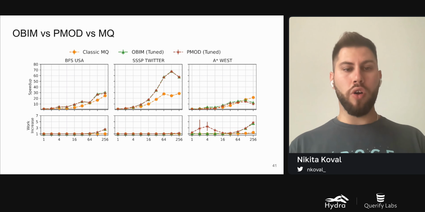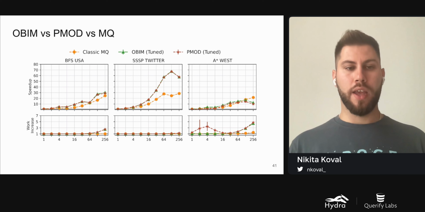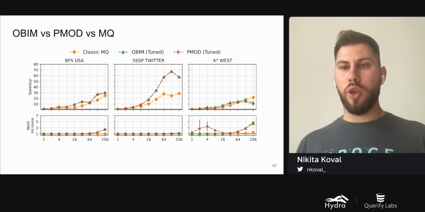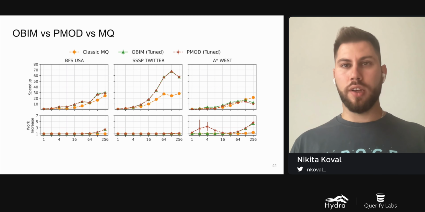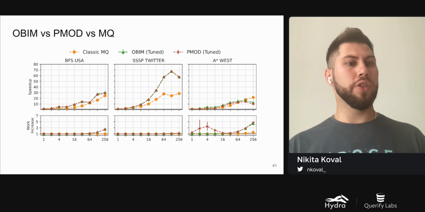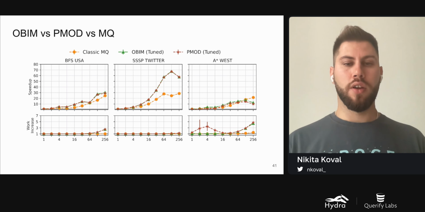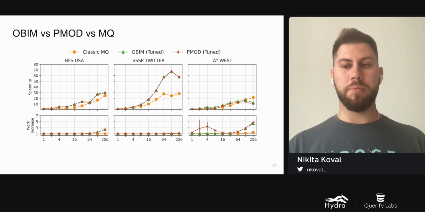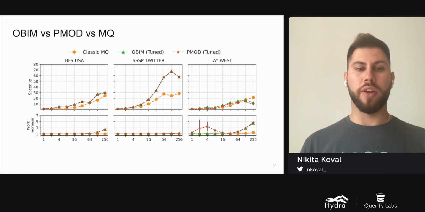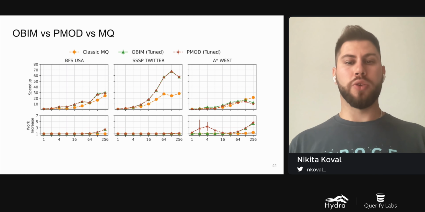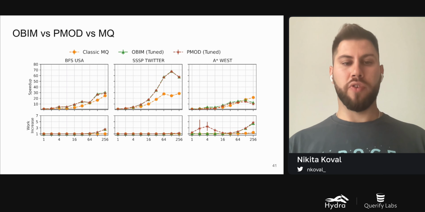And on the bottom, we also measure the work increase. Remember that if we process nodes out of order in Dijkstra, it can add some wasted work. And this metric at the bottom can help us understand how much wasted work we perform.